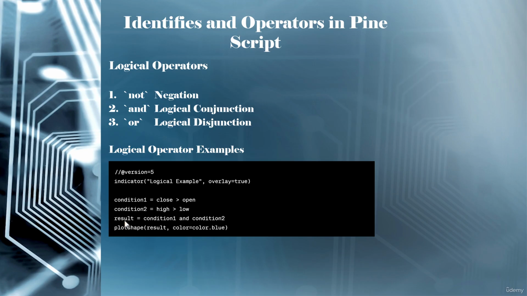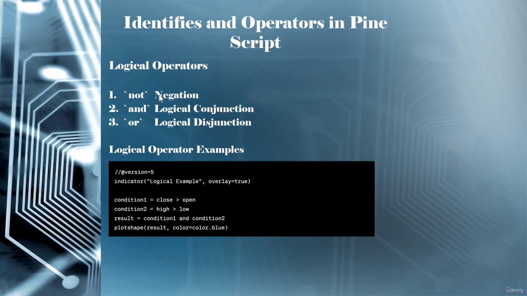Then in the next line, to the variable result, we assign the value of the logical operation condition 1 and condition 2. If condition 1 and condition 2 are true, then the value of true will be assigned to the variable result. Otherwise, if this logical operator is false, then the value of false will be assigned to the variable result.